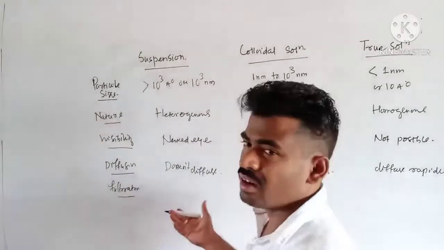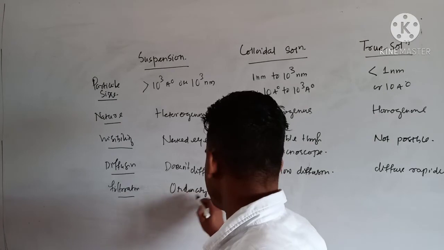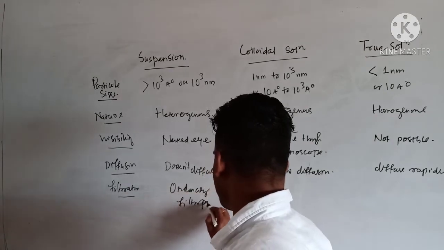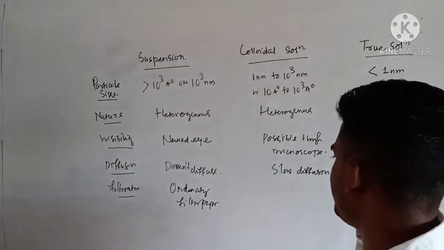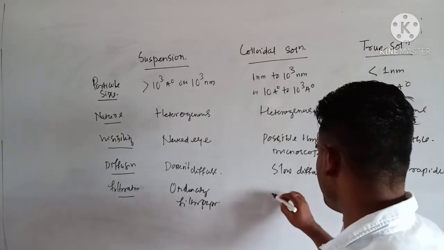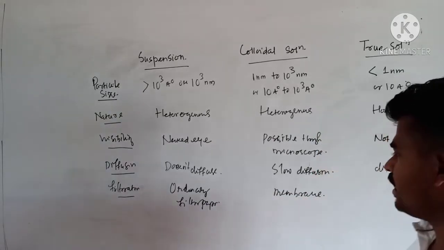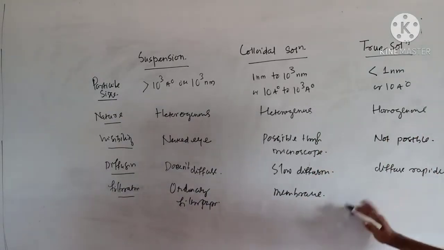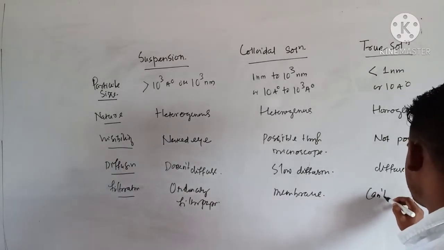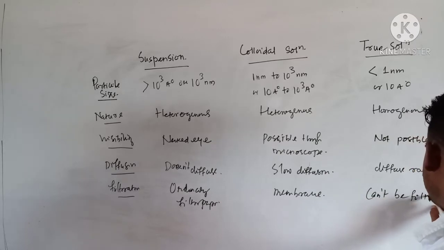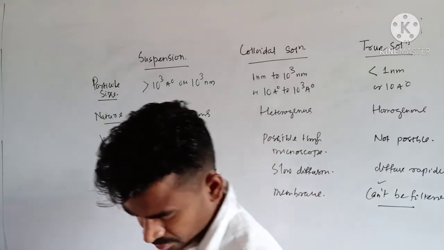Next, filtration. A suspension can be filtered through ordinary filter paper, and for a colloidal solution you can use a membrane for this. For true solution, completely dissolved particles are there, it cannot be filtered.